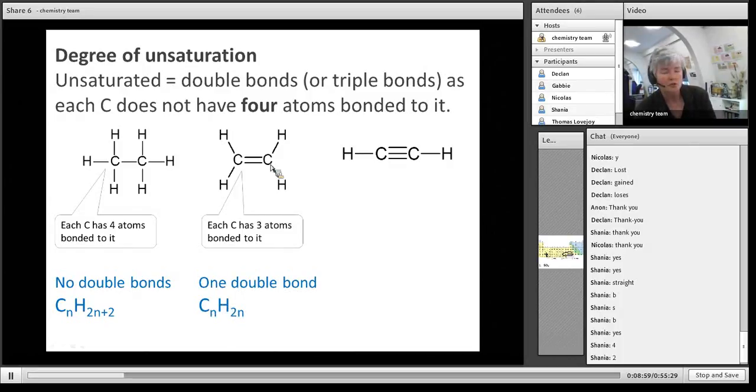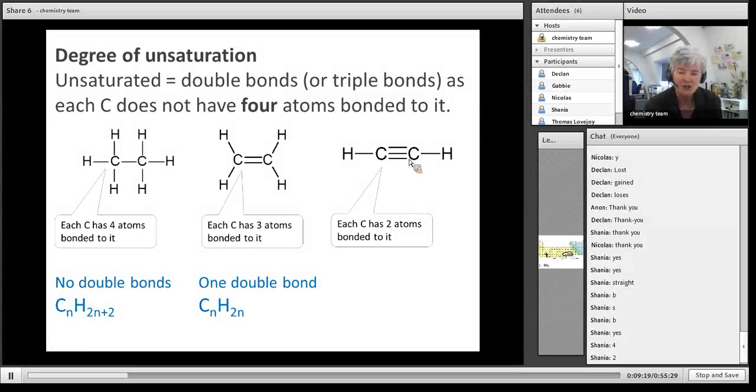So 2 carbons, so Cn is C2, H2 times 2 is 4, and you can see I have got 4 hydrogen atoms. Who would like to have a go at the formula for an alkyne? So you've either come across it in the booklet, or you can try and work it out. It's CnH2n, but then there's something else after that.